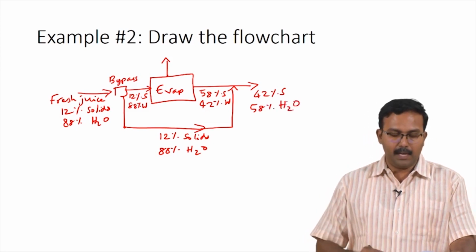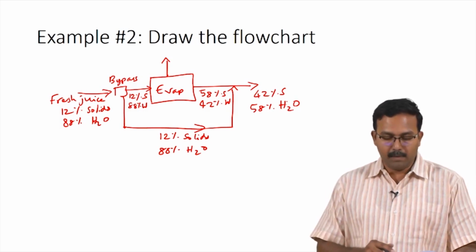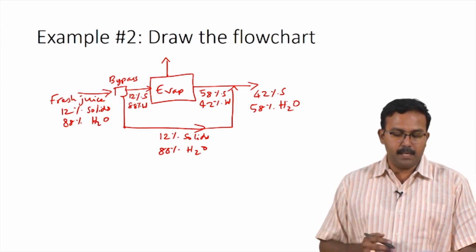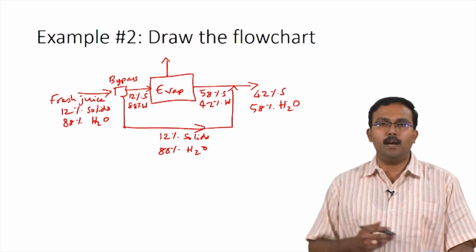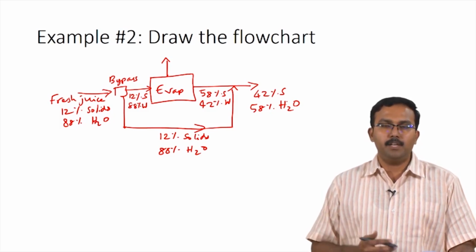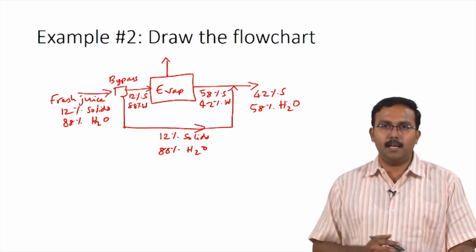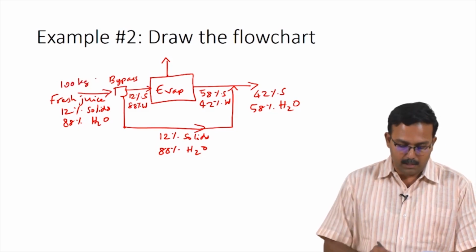Now that we have all the compositions, let us also label the masses for these flow charts. The problem states that we have to calculate the amount of product which is produced for 100 kilograms of fresh juice which is being fed. Hence, we will be using the basis as 100 kilograms and we will use this stream entering as also 100 kilograms.